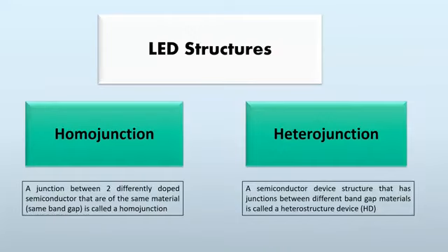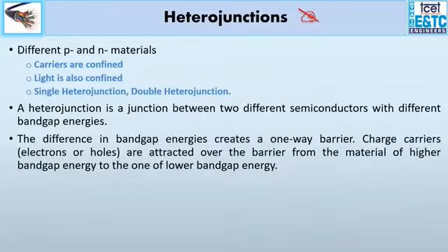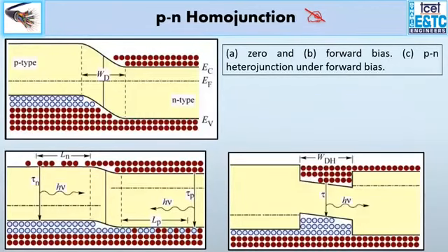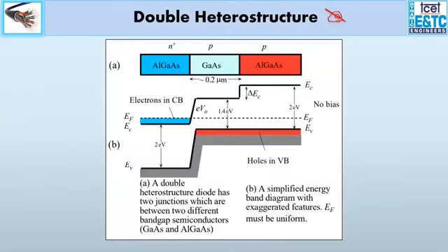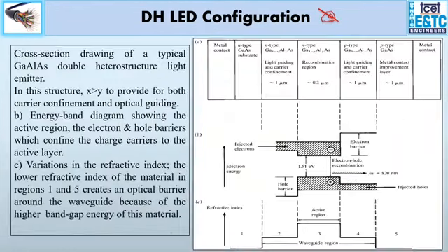In a homojunction, the same material is used. In a heterojunction, a different material is used to generate a different band gap. Homostructures have lesser efficiency and larger absorption, whereas in heterostructures, because of a sandwich layer or a confinement layer, all the recombination takes place in this area, and hence we have a higher efficiency.